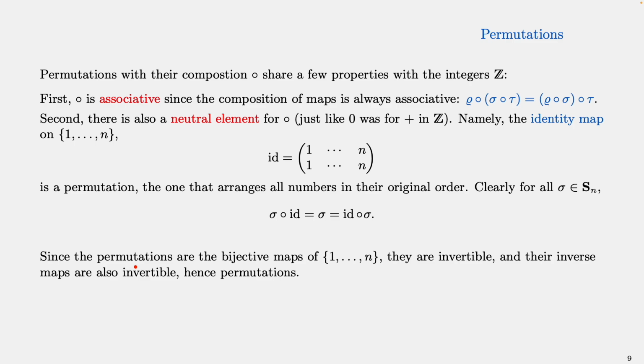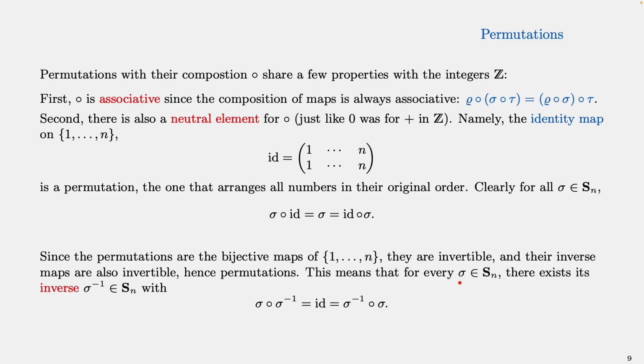And since the permutations are bijective maps, which means they do have inverse maps, so invertible maps, and the inverse maps are also invertible due to the bijectivity, the inverses are also permutations. So this means that for every permutation sigma, there exists its inverse permutation sigma to the -1.